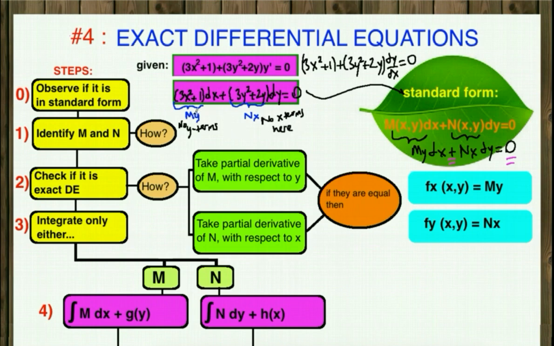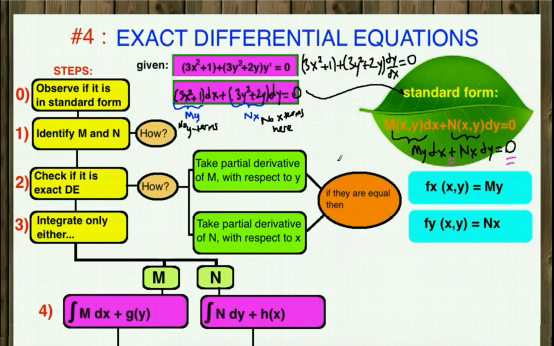The reason we call it My or Nx is that we take the partial derivative of M with respect to y, and the partial derivative of N with respect to x. Now let's go to step 2. In step 2, we need to check if this is an exact differential equation.